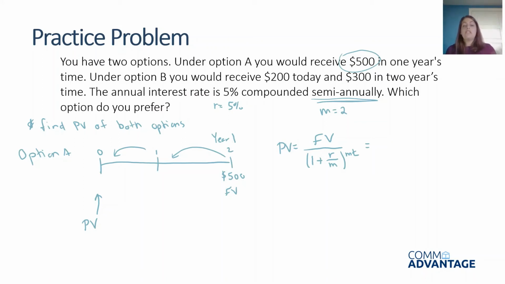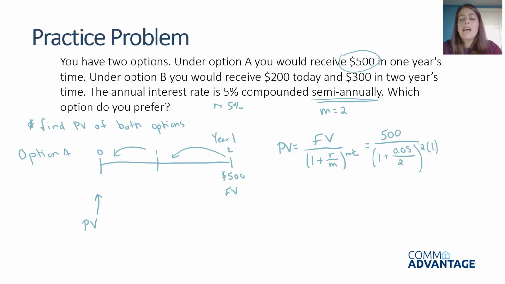So in this situation, that future value is $500, and our interest rate is that 5%. So we're going to have 1 plus 0.05, and there are 2 periods per year, and we're doing this for 1 year.